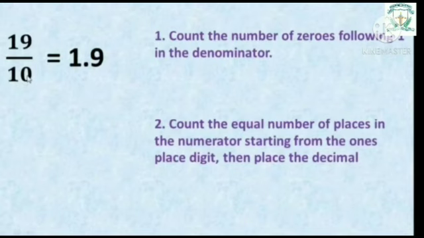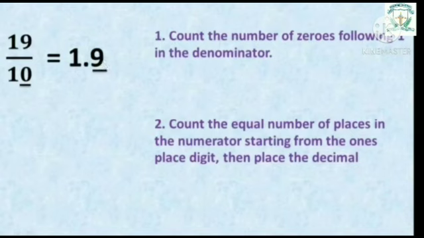After 1 we have 1 zero. So we write number 19, which is in numerator, start from right hand side, move towards left count 1 digit and put a decimal point. So 19 by 10 is equal to 1.9.